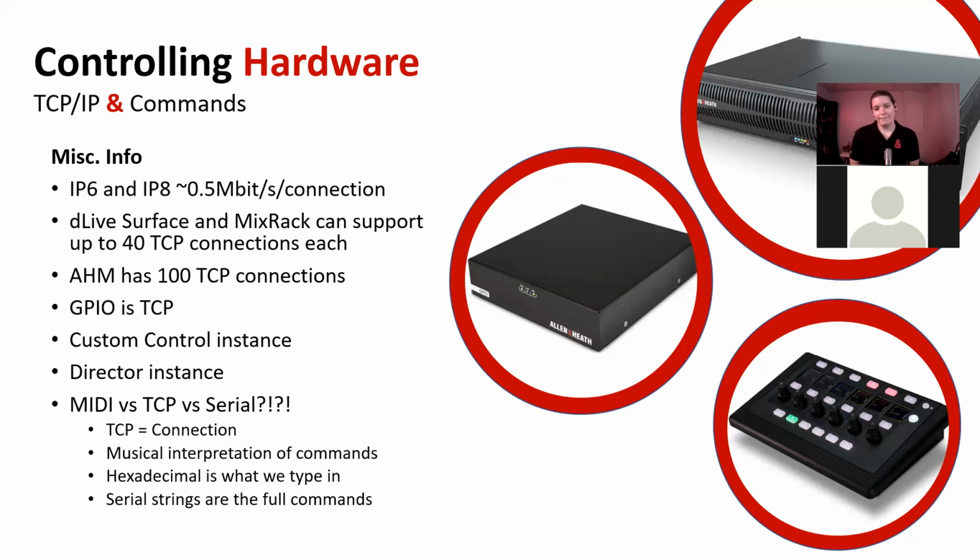Essentially, I can make things happen outside of the electronics world by programming things with GPIOs. I can have things happen because I push a button, or I can push a button and have something else happen inside of the AHM. The GPIO connection is also TCP IP. And custom control, as I mentioned, every instance of that is also TCP. I hope you're really liking hearing TCP IP, because it's going to be coming out of my mouth a lot.